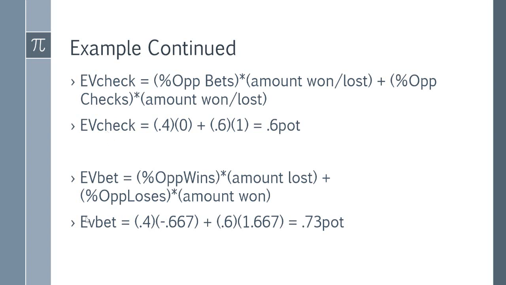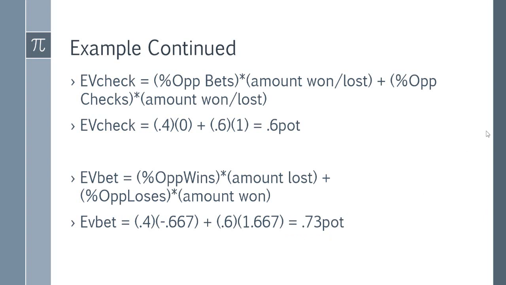So clearly in this case, betting and going all in, even though he has some better hands, is going to be better for us than just checking and folding when he bets with his aces. So that is an example of a pretty simple calculation. All we did was consider the options that can happen after we make our decision, the percent of times that they happen, the amount of money that is potentially won or lost by us if that scenario occurs, and then we just add up each of those potential situations, and we get our number here.